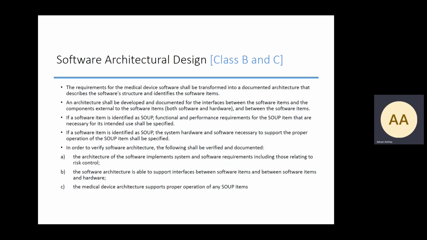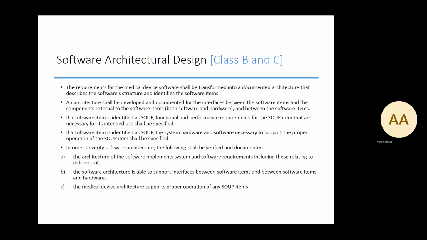I think it only makes sense, regardless of what type of software you're developing, to have a software architecture document that clearly outlines how you're going to build and develop the device, and what the integration is, from SOUP items, software of unknown provenance, where it could be external software which you're using. How does it integrate with your software? And how all the different components relate to one another is very important to outline in this type of document.